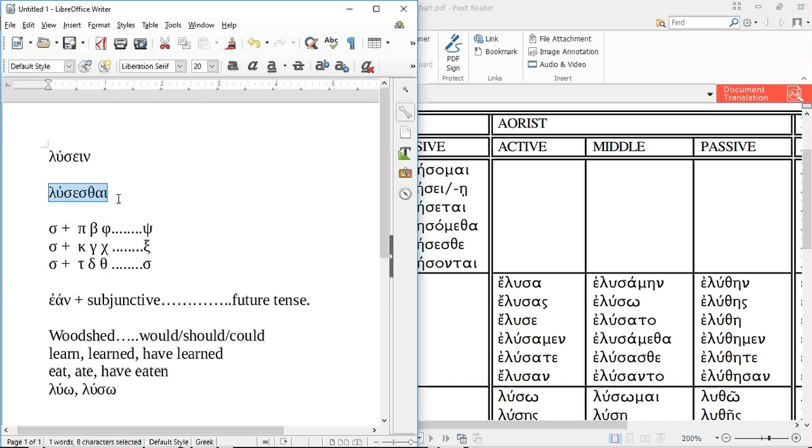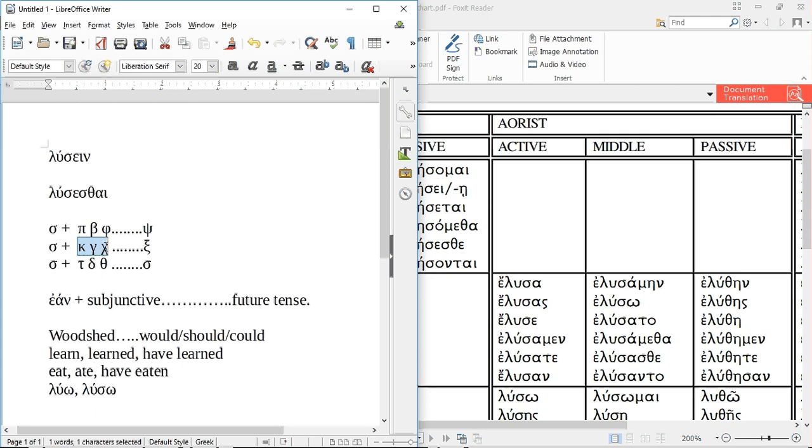The middle future infinitive. With all this adding of sigmas onto the stem, if your stem ends in a labial, pi, beta, or phi, adding a sigma to that gives you the Greek letter psi.